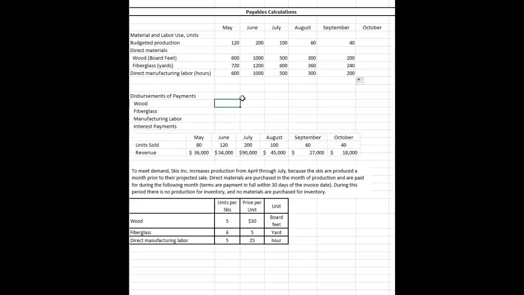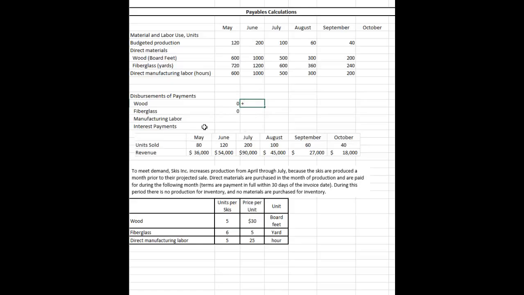So first, I've got the disbursements laid out here. I'm going to pay in May. I'm not going to put any figure here because what I'm paying in May are April's purchases. I don't know what April's purchases are, so I don't know what I'm going to pay there for the wood or the fiberglass, but watch what happens in June.